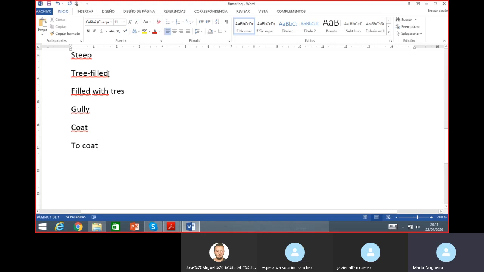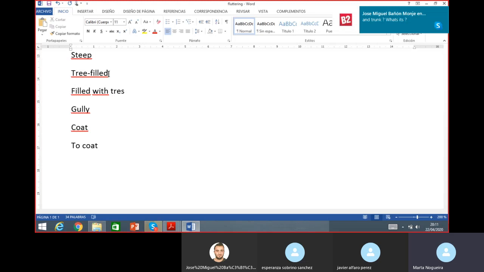So, coated in them. Boughs bend under the weight and sway softly in the breeze. Okay. How can I say boughs? Boughs bend under, bough is like a branch. Trunk, tronco.